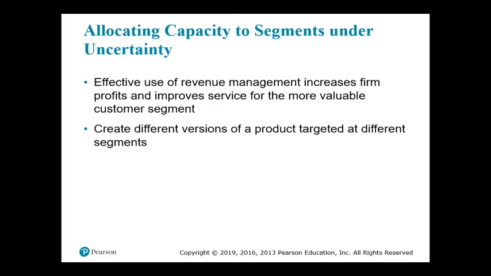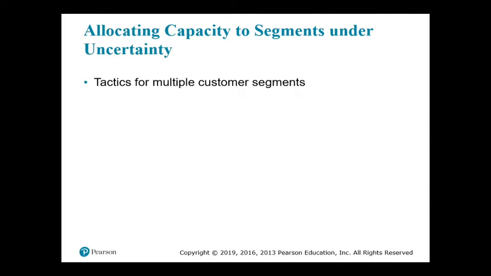And generally, how this is done is by creating different versions of a product to target at different segments. And what are some general tactics used in practice for creating different customer segments?